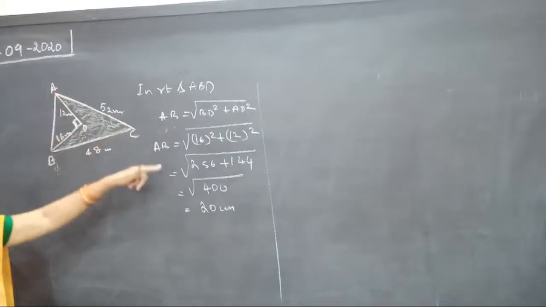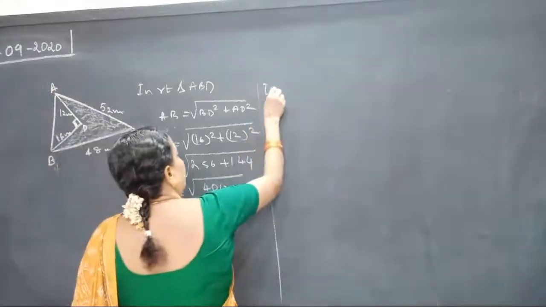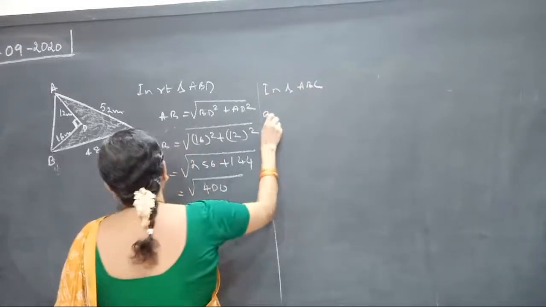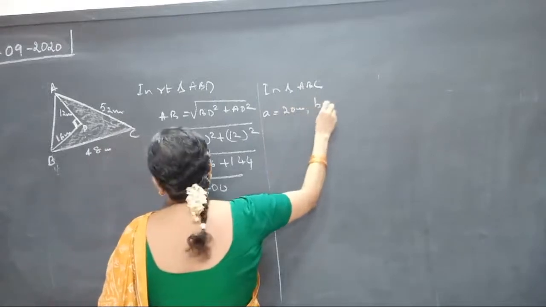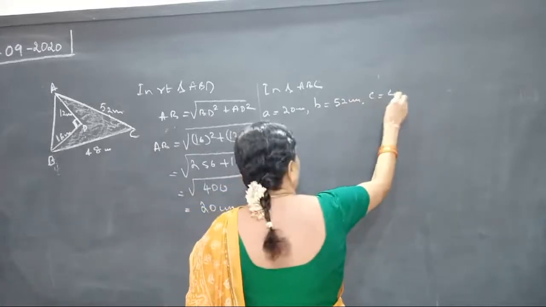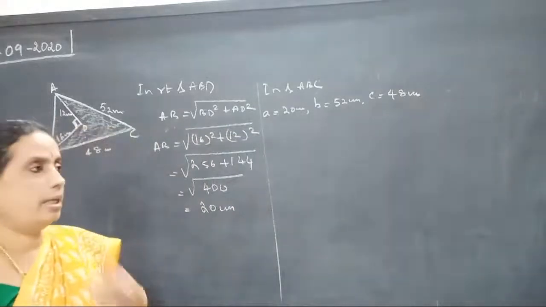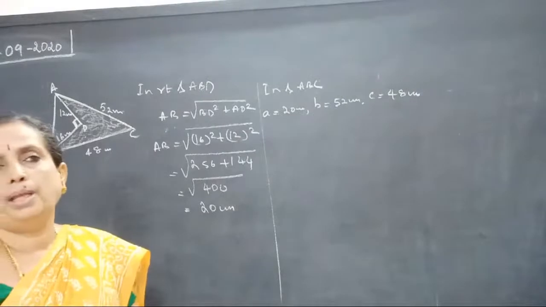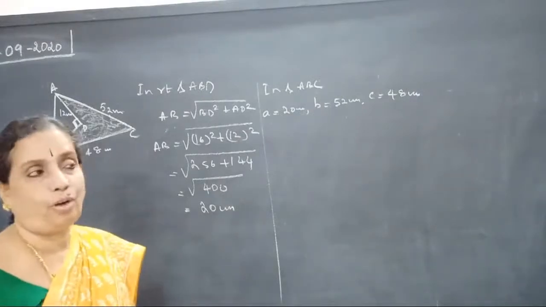Now to find the area, we apply Heron's formula, where in triangle ABC, A equals 20 centimeter, B equals 52 centimeter, C equals 48. Three sides are known. When three sides are known, we can find the area by applying Heron's formula.